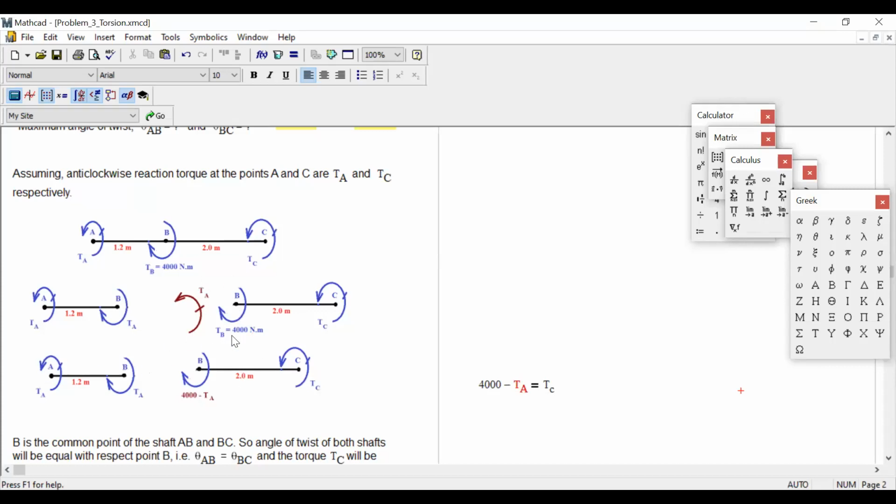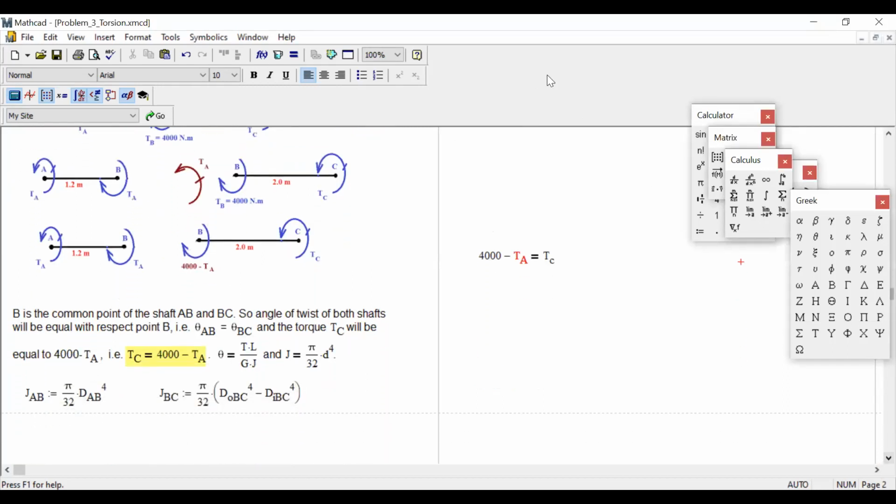Instead of two torques put over here, we just put 4000 minus TA. Okay. Any question? Hello?